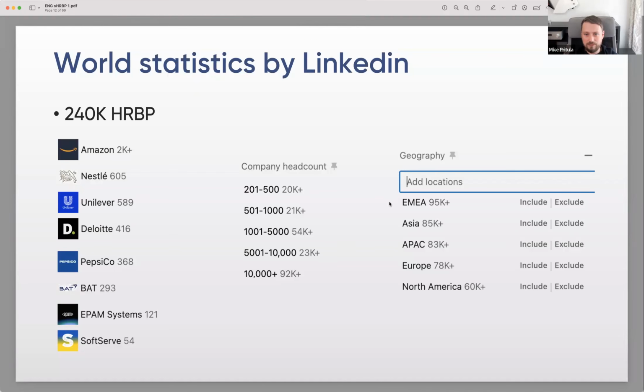So it's not something specific just for the United States or for European countries. It's everywhere. It's a popular job title for HR people in every country and in any kind of companies. Because here we have FMCG company, we have consulting company, we have high-tech company, right? So it's very well spread.